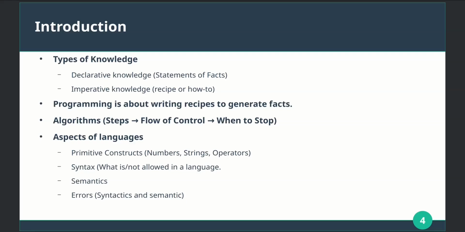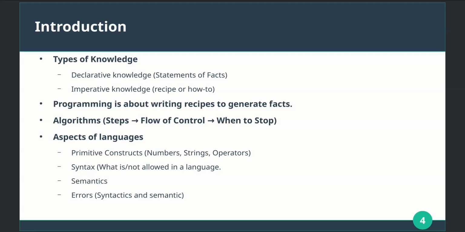If the remainder of that division is 0, then we know that number is an even number. That is what imperative knowledge is all about. Now, generally programming is about writing recipes to generate facts, and we're going to be using imperative knowledge, just like we've described, to write our computer program code.